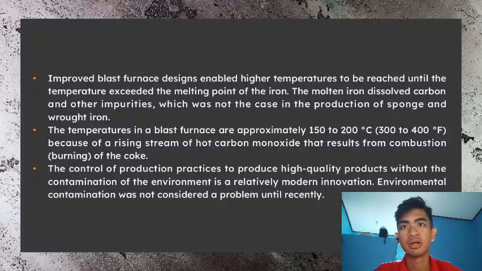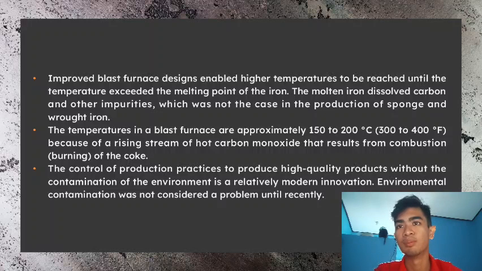Because of the blast of air that was forced through the furnace, it became known as a blast furnace. The use of the blast furnace greatly increased the rate at which iron could be produced. In such a furnace, approximately 2 units of iron ore, 1 unit of coke, 1/2 unit of limestone, and 4 units of air are required for each unit of pig iron produced.